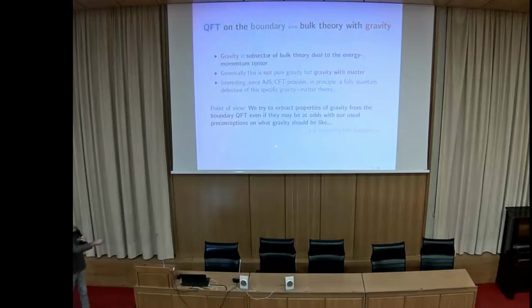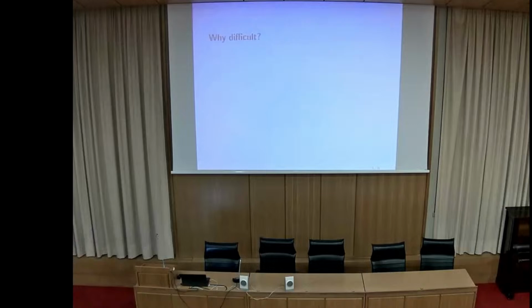So, for example, we would like to restrict bulk topology to get rid of wormholes and so on, try to keep a single QFT on the boundary, and then extract how far one can go to preserve holography, even if this is not what we would expect a priori of a theory of gravity. So that is the approach that we take.